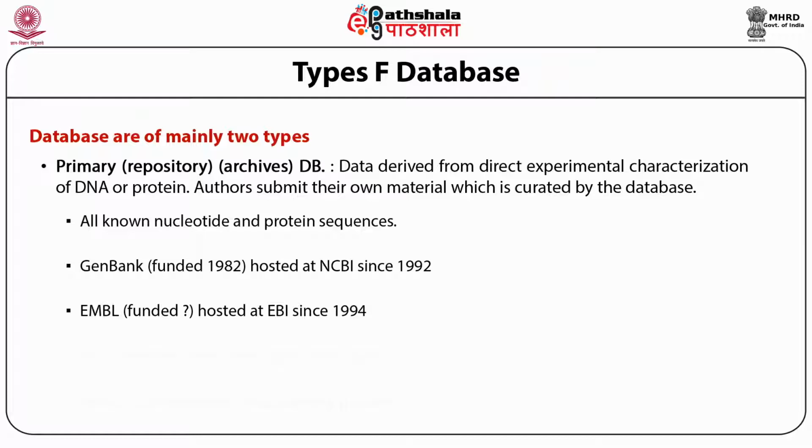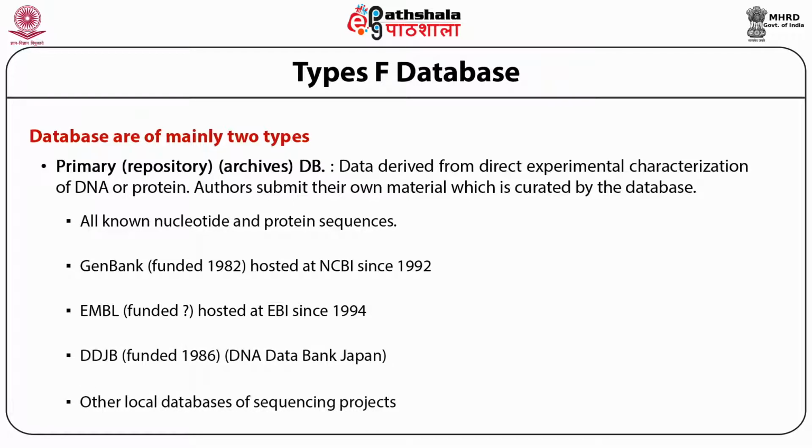Another is from Japan, the DNA Data Bank of Japan, which was founded in 1986, and it is available online. So these are the three major nucleotide sequence databases, known as primary databases, where whenever anybody gets any data from their biological or experimental study, they have to store all the data into these databases, and that's why they are known as primary databases.